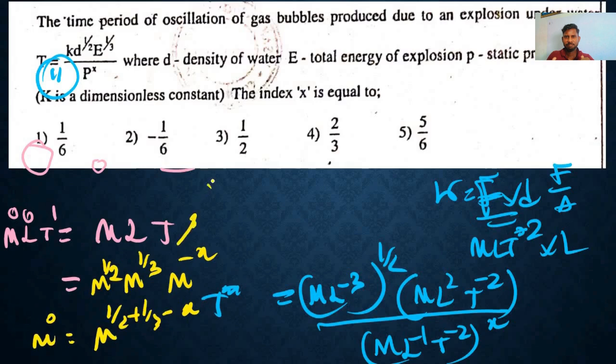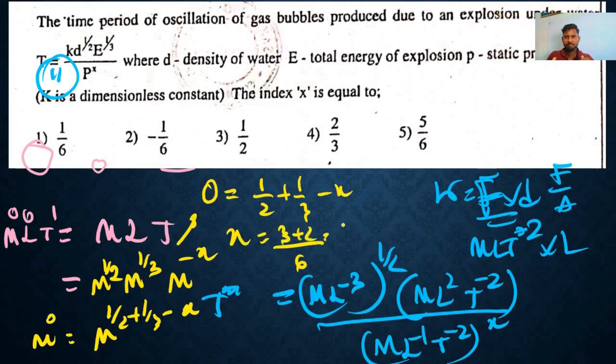So 0 equals 1 over 2 plus 1 over 3 minus x. So x should be equal to 1 over 2 plus 1 over 3. Common denominator is 6, so I get 3 and 2. It's 5 over 6. We have the answer, right?